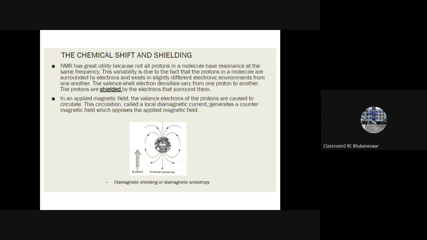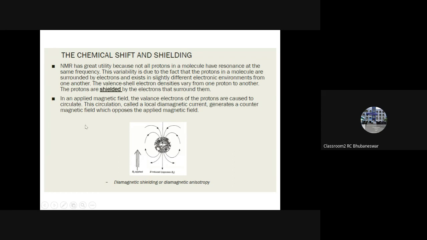Shielding effect. Shield means, if you remember UV visible spectroscopy, while discussing that we discussed the inner filter effect, when you increase the concentration, the molecules themselves act as a filter for the radiation. Here the shielding is done by the electrons surrounding the protons.